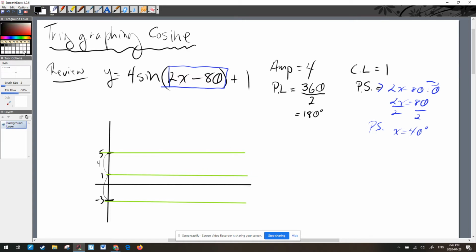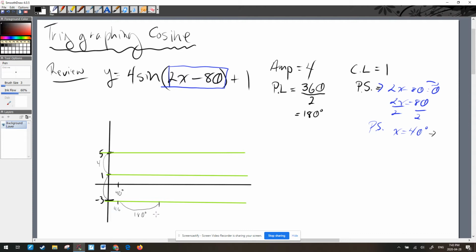And then we're going to go back and say, all right, well, the phase shift, it shifted to the right 40 degrees. Remember, when we set the brackets equal to 0 and solve, the result is exactly what the phase shift is. So it's going to be to the right 40 degrees. So I'm going to come out here and just say, there is my 40 degree marker. Okay. Now, it's got a period length of 180 degrees. That means if it starts at 40, it's going to travel 180 degrees to complete it.